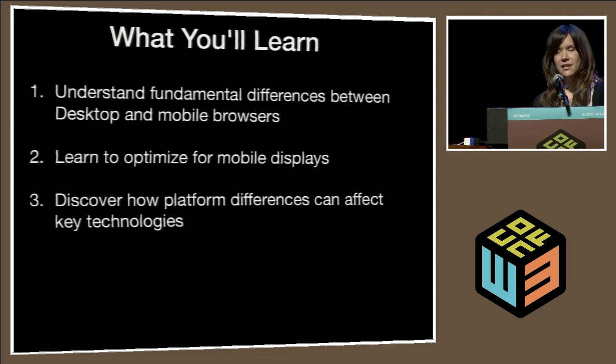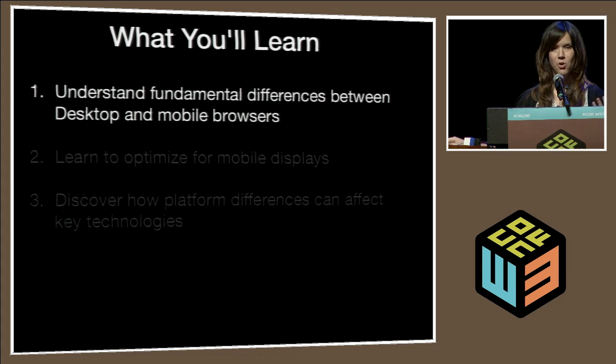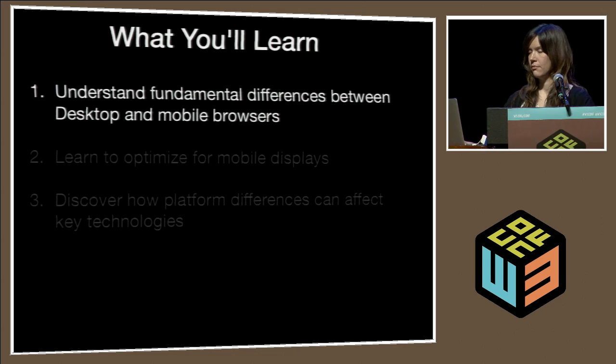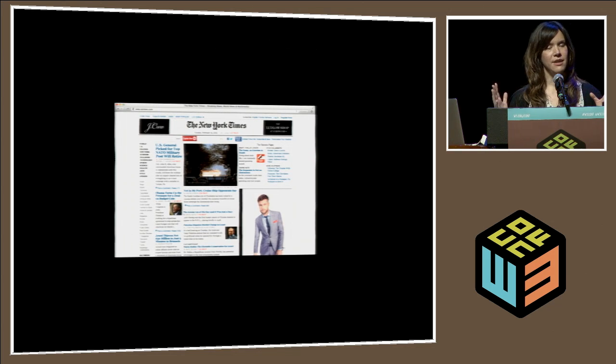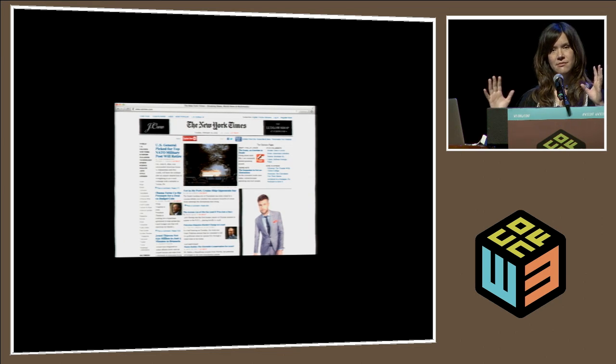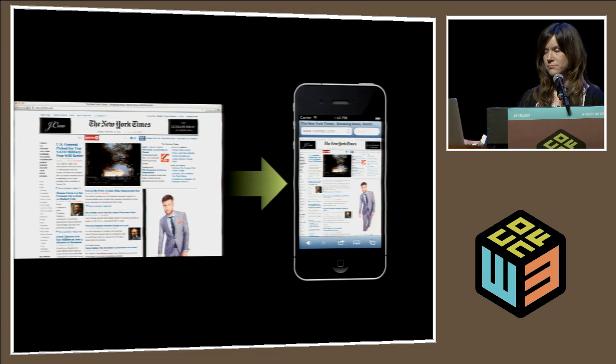So let's get started understanding fundamental differences between desktop and mobile browsers. A typical web page will look like this when viewed in your desktop browser. So how does a mobile browser take this page that's intended for a desktop machine and a desktop browser, and put it onto a mobile display?